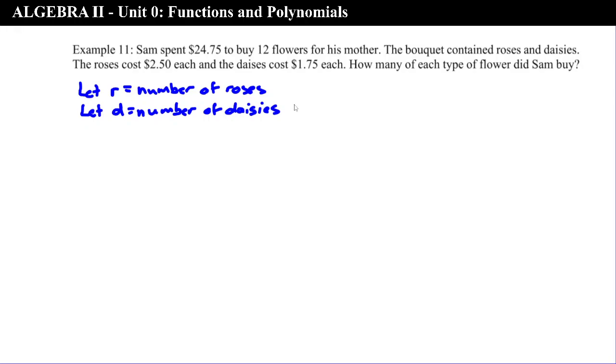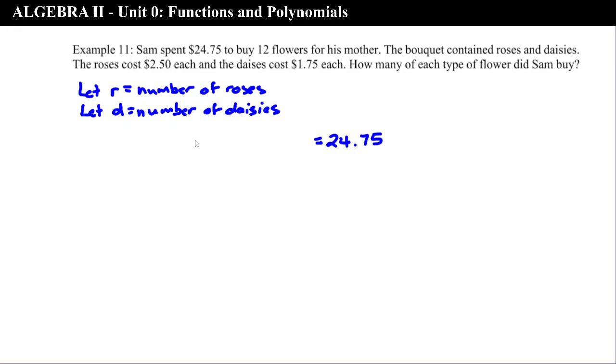Okay, so we know that he spent a total of $24.75. So that kind of keys us in that we're going to have one of our equations equals $24.75. All right, well, if the roses cost $2.50 each, we know that he bought some number of them at that price.